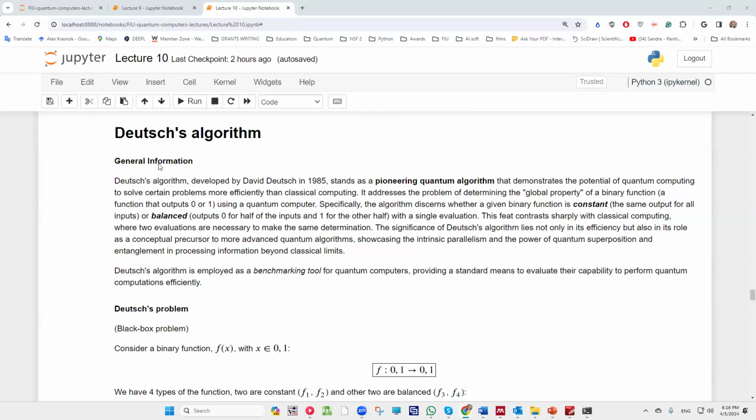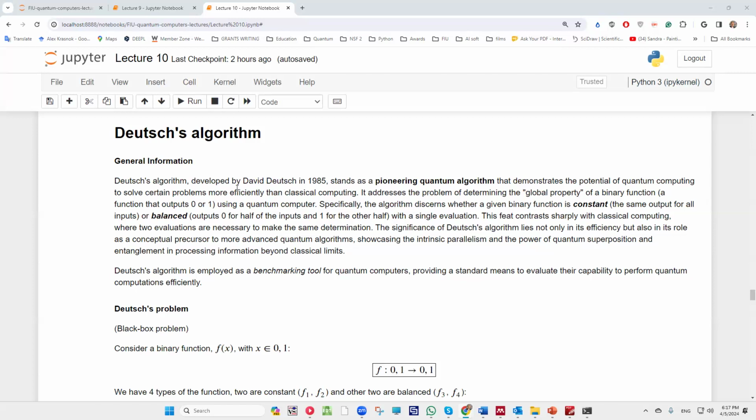In fact, Deutsch's algorithm was the very first pioneering algorithm in quantum computing. That's why this one is particularly important to discuss.